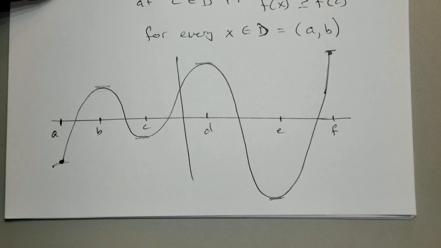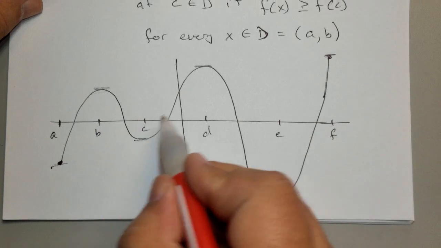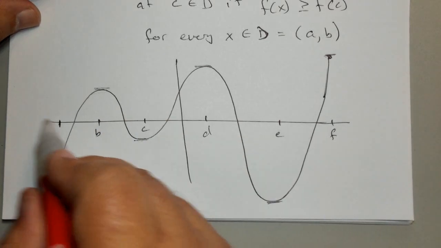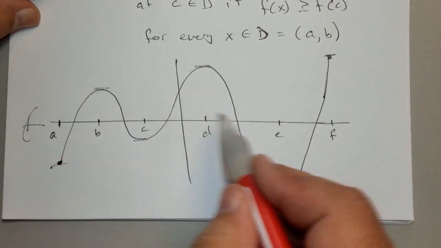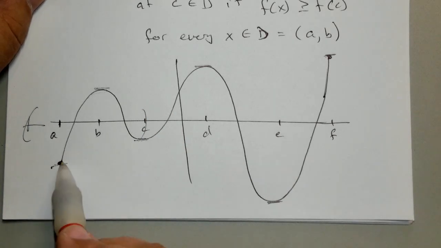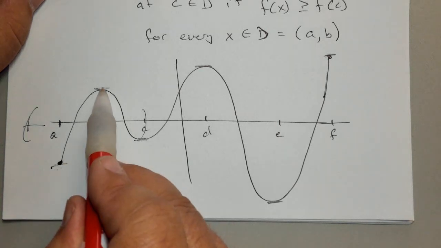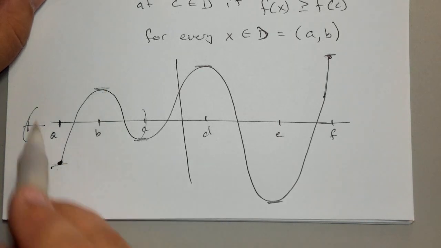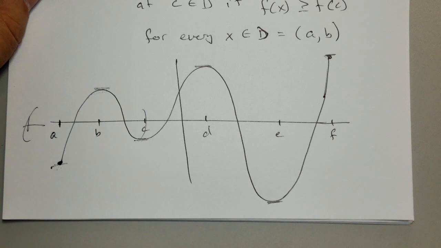Yes, because you also have to look at the endpoints, because if the domain itself is between here and here, the absolute minimum of this interval is at A, the absolute maximum is at B, but it's also local to there.